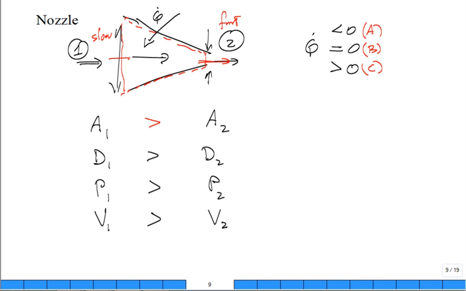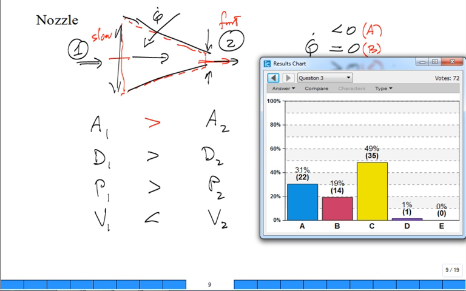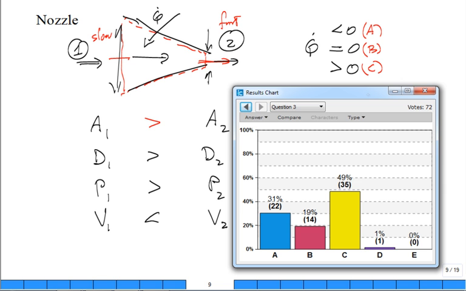Standard model for a nozzle. All right, let's take a look at our results for the heat transfer. Well, what's the purpose of the nozzle?